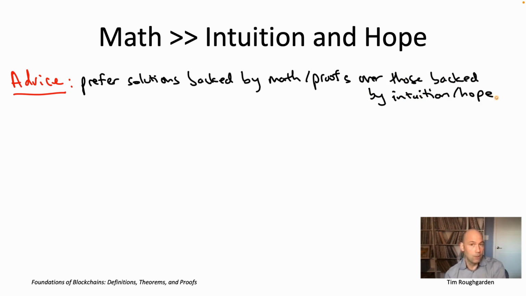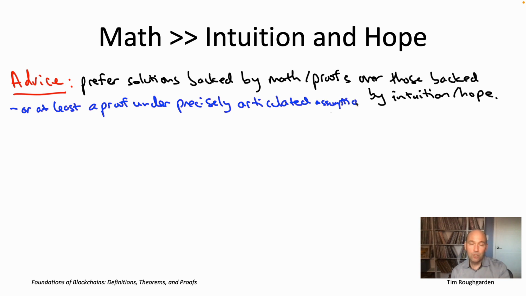Or, failing an airtight proof that the solution is always going to do exactly what you want, at least a proof that under certain, precisely articulated assumptions, the solution will have the properties that you're looking for. So for example, maybe you're using digital signatures and you do have to make the mathematical assumption that the discrete logarithm problem is hard. Fine.